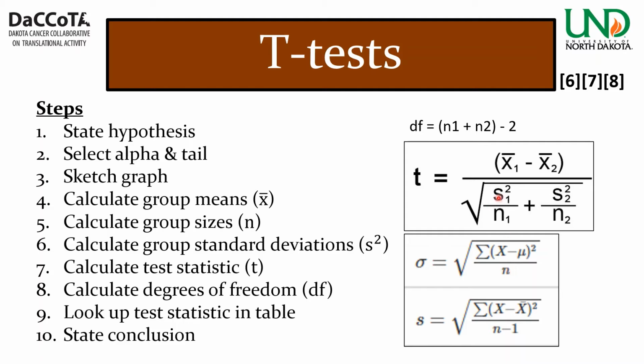And to actually calculate standard deviation over here, there's a couple different formulas, depending on whether you have a population or a sample. This is for a population, but we're looking at just a sample, so I'll circle the correct standard deviation calculation that we need here. So there we go.